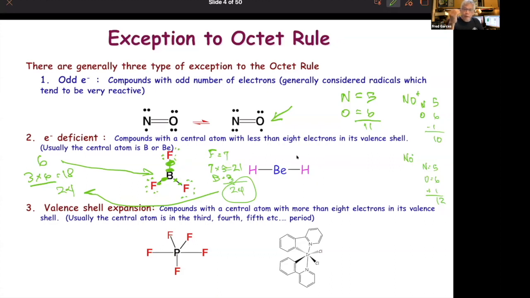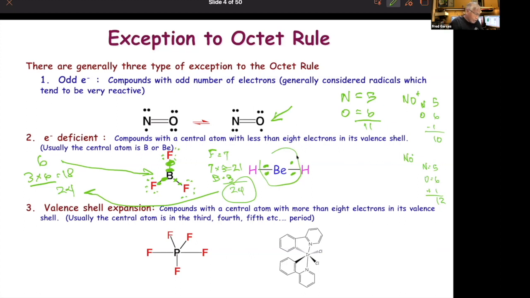So you just have to remember that boron and beryllium are going to have less than 8 electrons, as well as hydrogen, as I mentioned already. Okay, here's beryllium. It's got 4 valence electrons by sharing its 2 electrons with hydrogen.